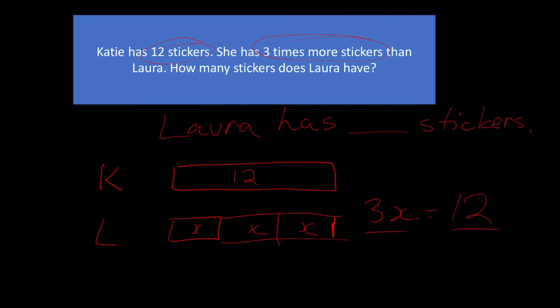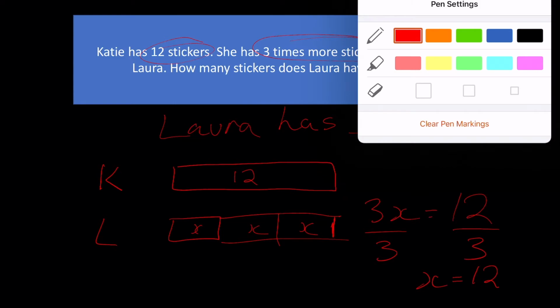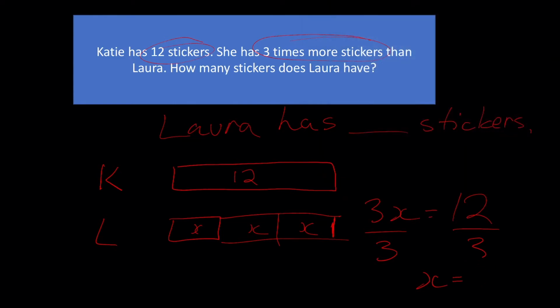And then I would divide both sides by 3, and x would be equal to 12. Or sorry, geez, looking for mistakes, right? That was our last video. There we go. All right, so x would be equal to 4.